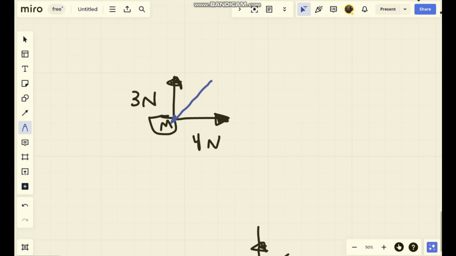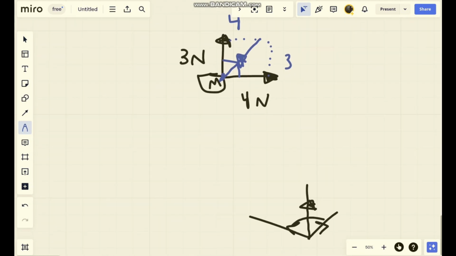So here's the sum of these two forces, just like I said. And remember, you have a 90-degree angle. Hang on, this looks like a rectangle, right? Can I close this and call this 4? Can I close this and call this 3? Yes, you can.